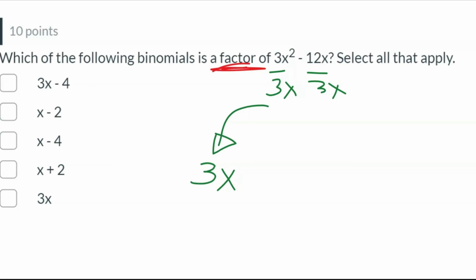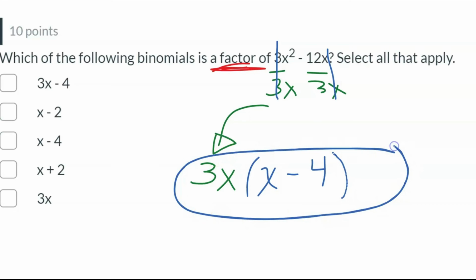Now when I divide this, 3 divided by 3, the 3's cancel. So I'm left with x squared divided by x, and that's just x. And then negative 12x divided by 3x. Here the x's cancel. Negative 12 divided by 3 gives me negative 4. Okay, so these are my two factors.